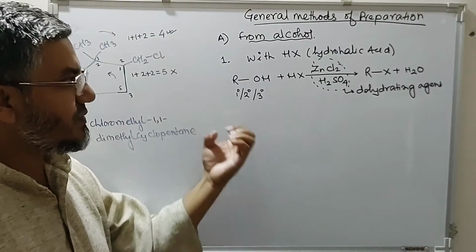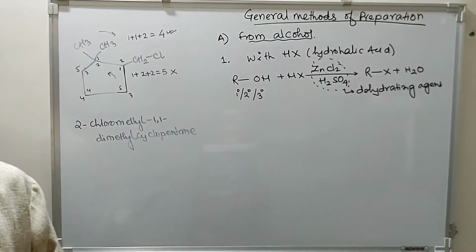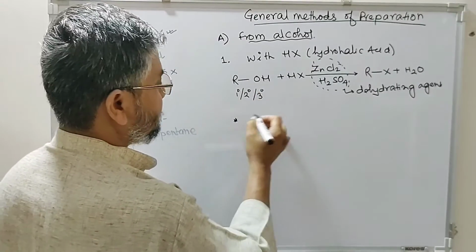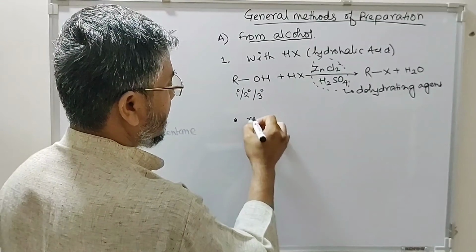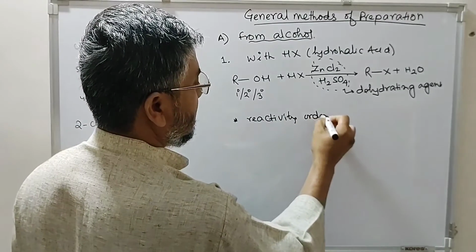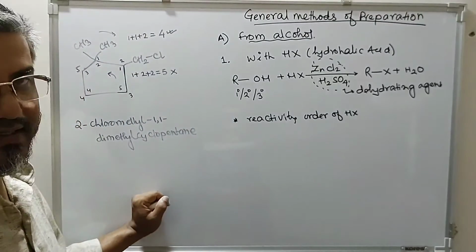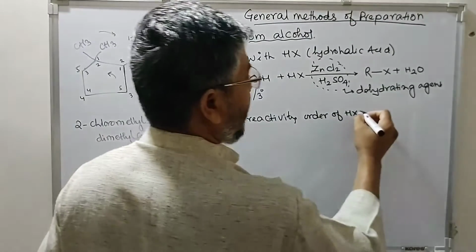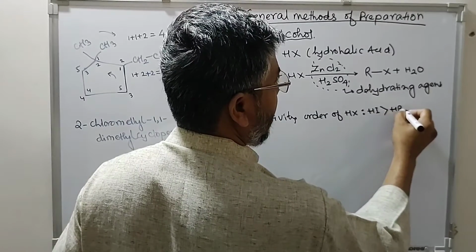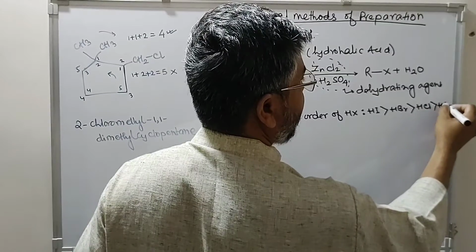Now in this method, there are a few important points to keep in mind while writing a reaction. First, the reactivity order of HX. We have different types of hydrohalic acids. HI is the most reactive, followed by HBr, followed by HCl, followed by HF.